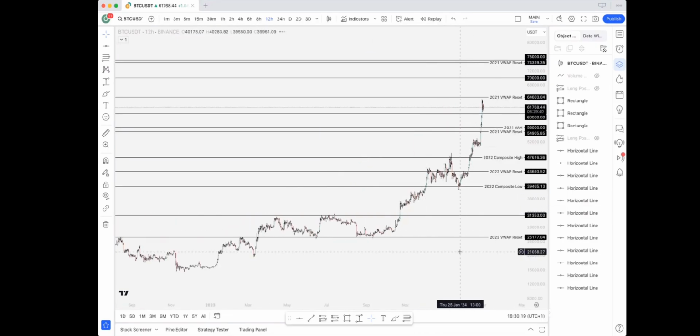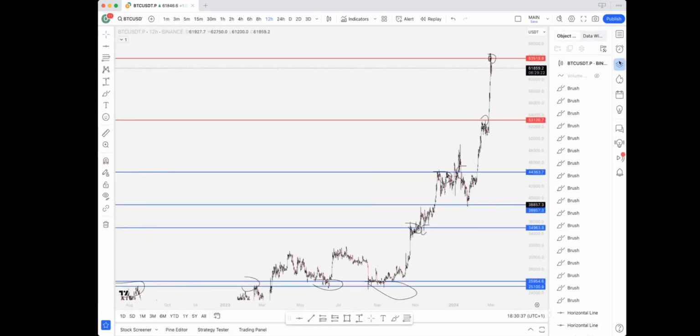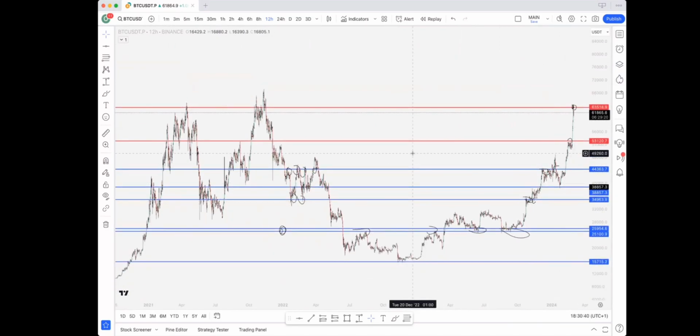We have this 2023 reset. We have the 2022 reset, 2021 reset, 2021 reset, 2021 reset. So I have these on my main Bitcoin chart. I use this extremely actively. Okay, let's go back to our perp chart just to show one more example of this.